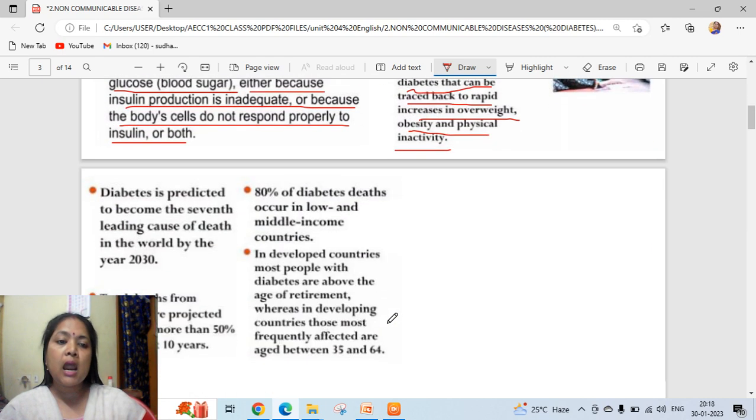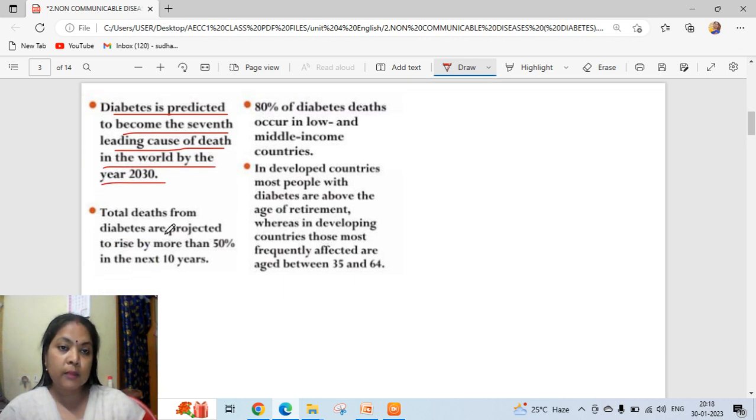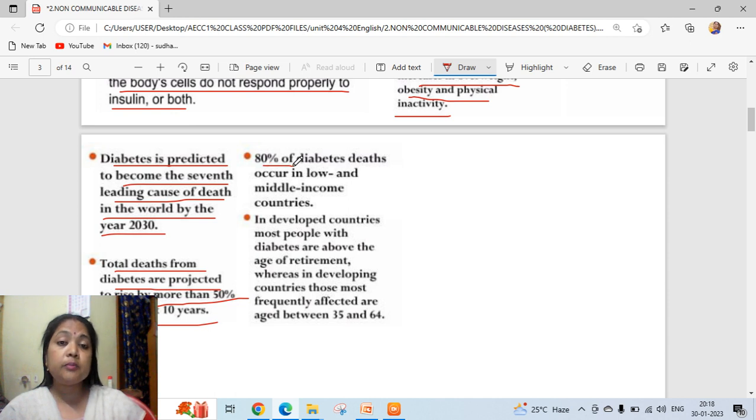Diabetes is predicted to become the 7th leading cause of death in the world by the year 2030. Total deaths from diabetes are projected to rise by more than 50% in the next 10 years, and 80% of diabetes deaths occur in low and middle income countries.